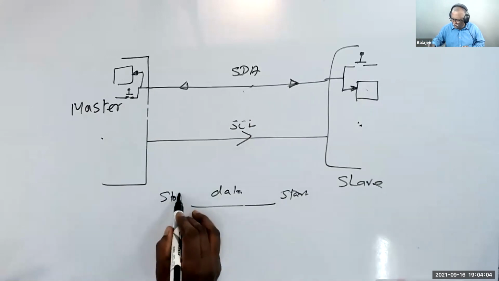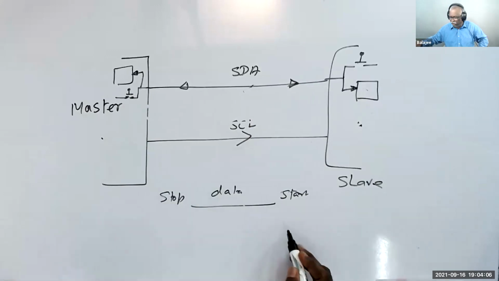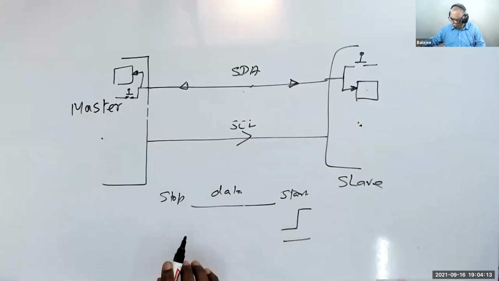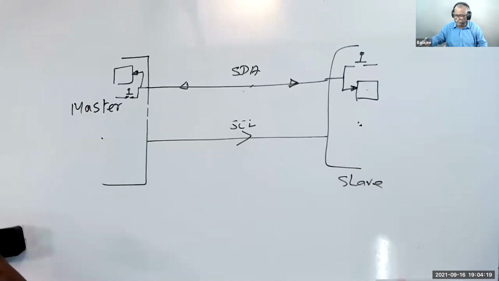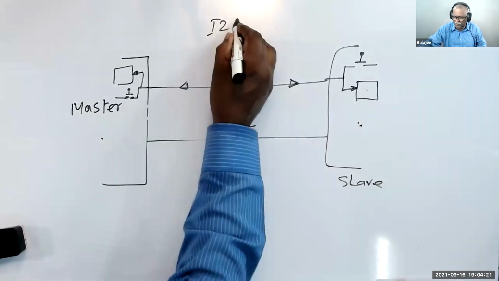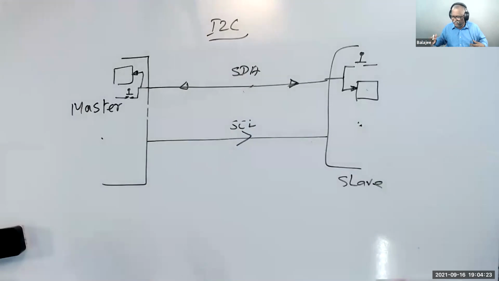The start is nothing but whenever the clock is high, the data changes. Normally, as a rule in SPI and I2C, there's sometimes confusion. These two we are repeatedly using.